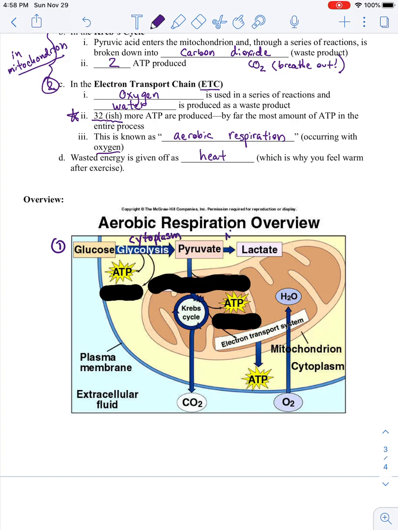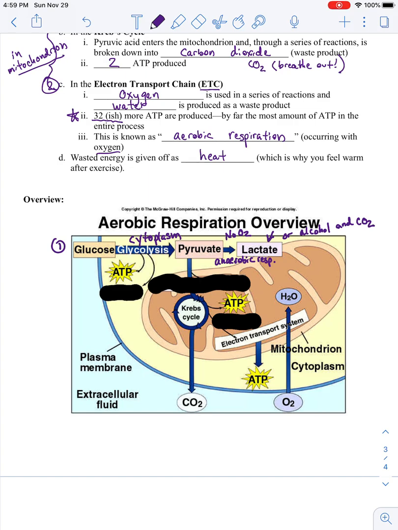If not enough oxygen is present, then anaerobic respiration occurs in the cytoplasm, making lactate, or if we're talking about a yeast cell, alcoholic fermentation, which is going to make alcohol and CO2.